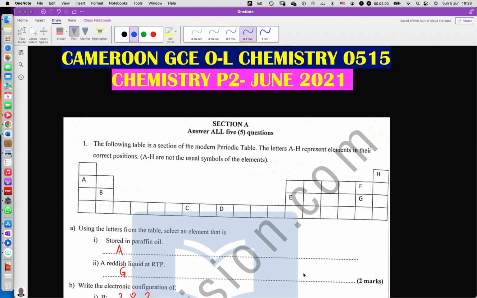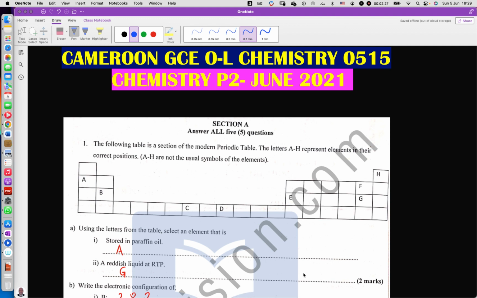Elements are only stored in paraffin oil because of their high reactivity with air and with water. An example of an element that is stored in paraffin oil, and which is highly reactive with air and also with water, is sodium.